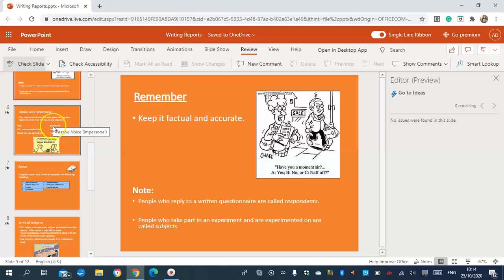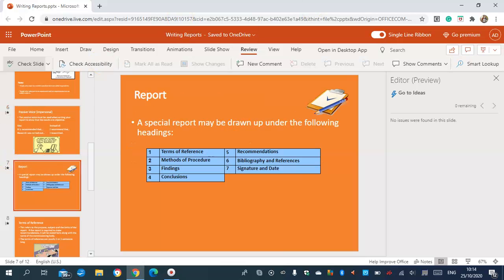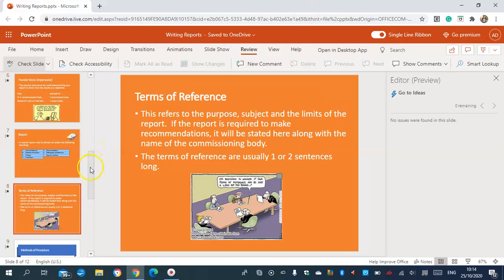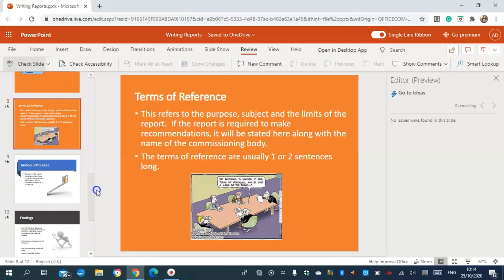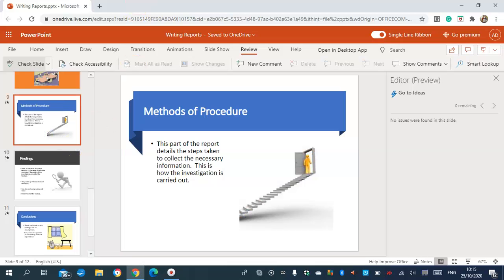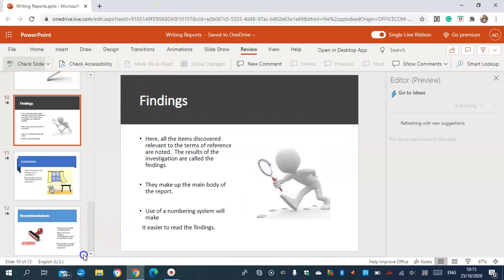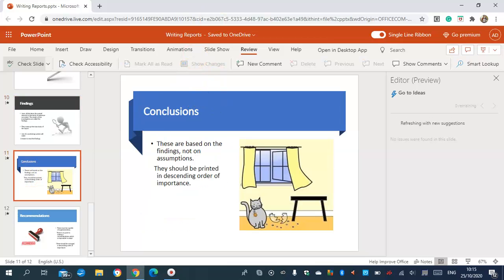No issues on this slide. The passive voice and impersonal. No issues. The special report headings. No issues. Terms of reference. No issues. Methods of procedure. Okay, findings. Conclusions. And then recommendations.